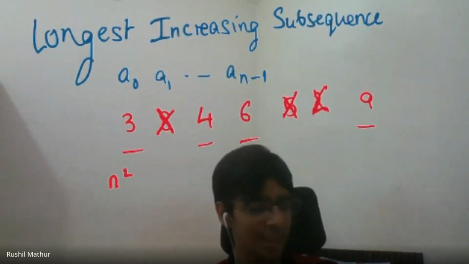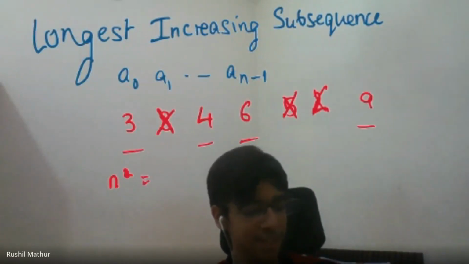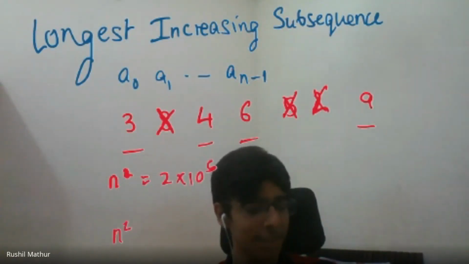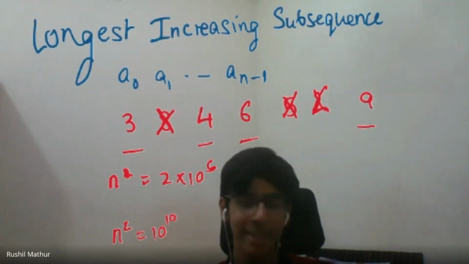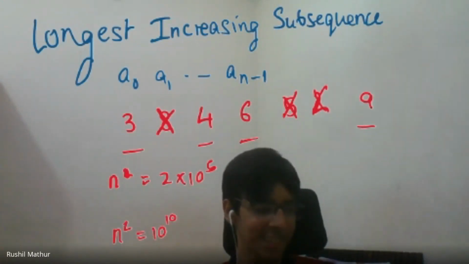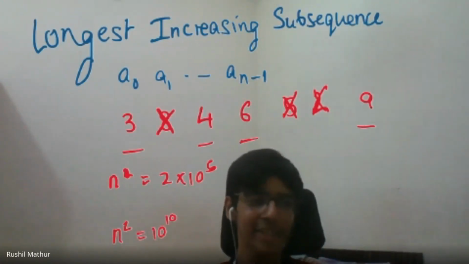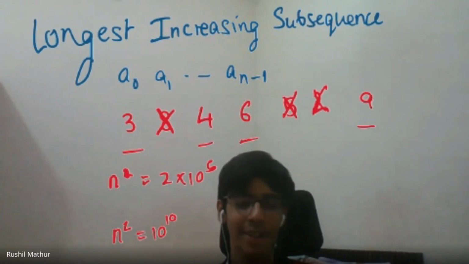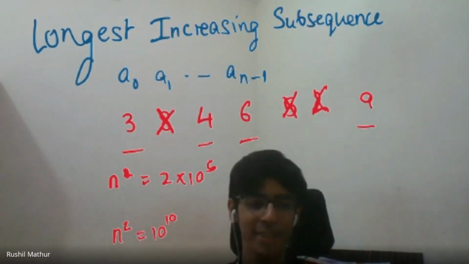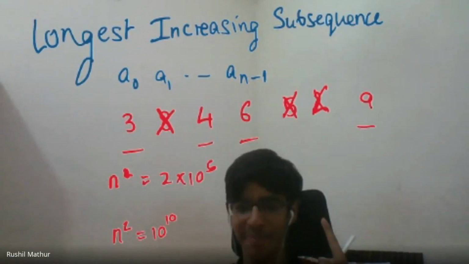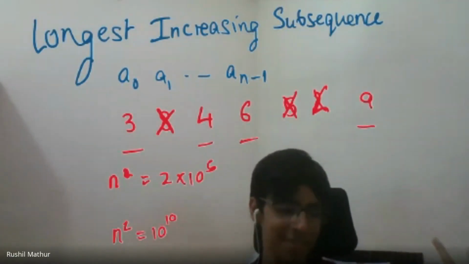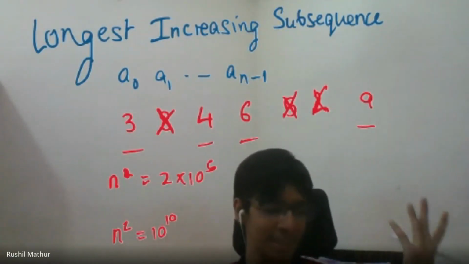What if you had n equal to 2 into 10 to the 5? Now n square will become like 10 to the 10, and we saw 10 to the 8 operations in a second. So this is like 100 seconds, and usually what you get to do in competitive programming is you get 1 second to solve the problem. So that's not very good. You get 3 seconds sometimes, I don't know.